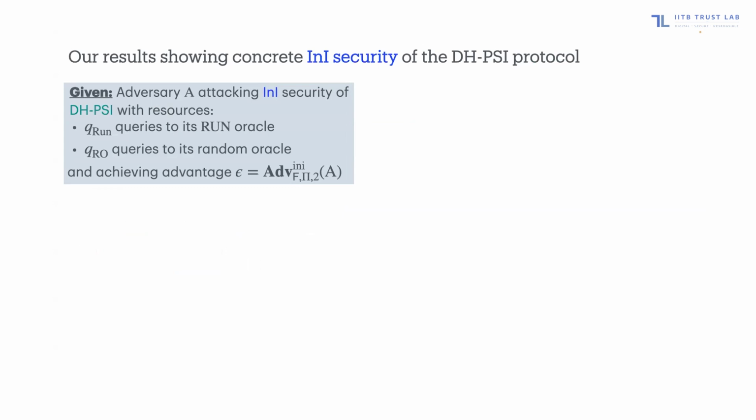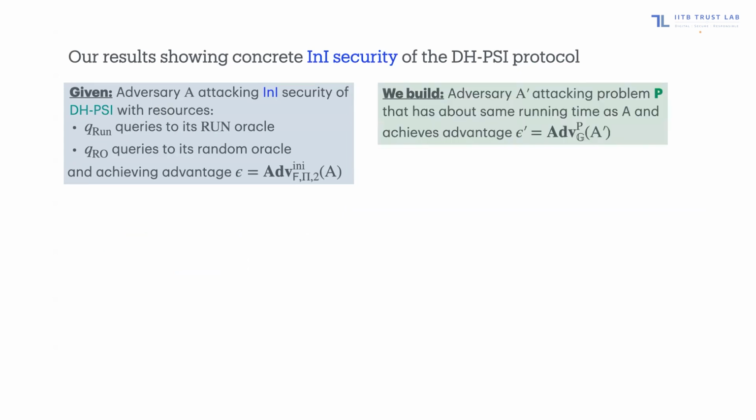Adversary A is attacking the security of DH PSI and using resources to run: the number of queries it makes to the run oracle, QRO, the number of queries it makes to the random oracle, and achieves some advantage epsilon.